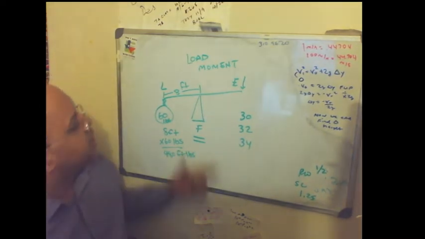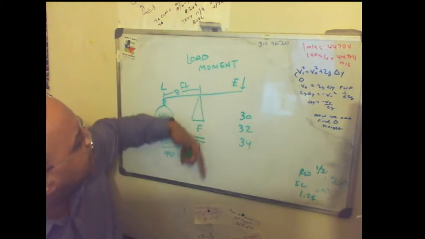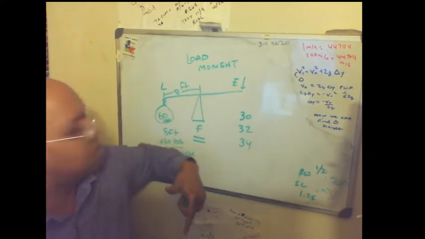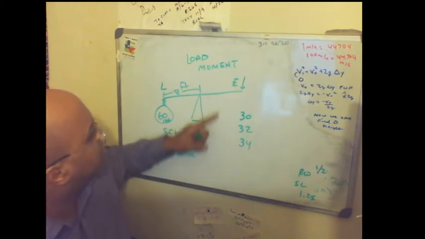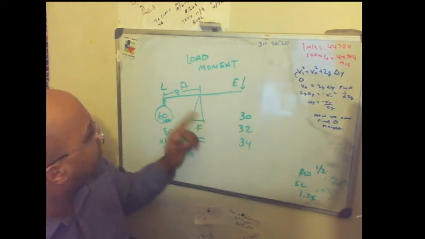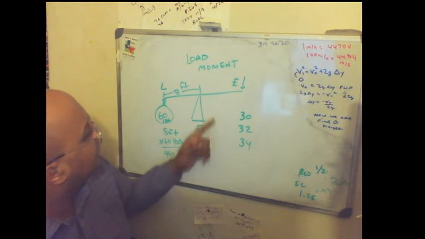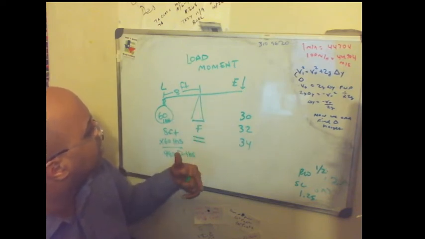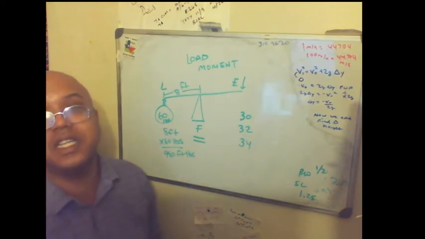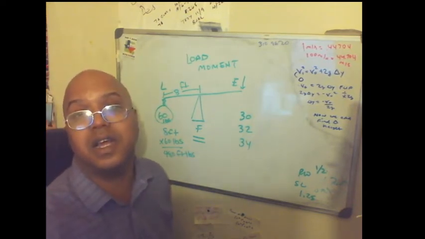All right. Now, in order to get this to balance, we're going to have to exert the same amount of foot-pounds. And I see A here, but I don't see a number. I couldn't see the number of feet on that end.